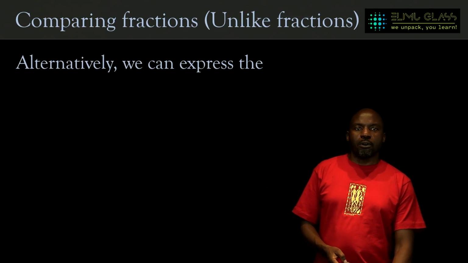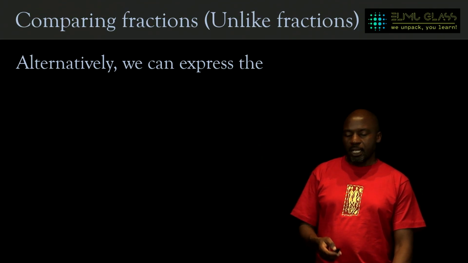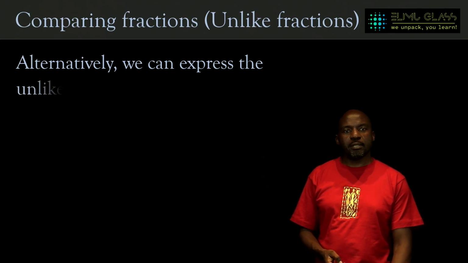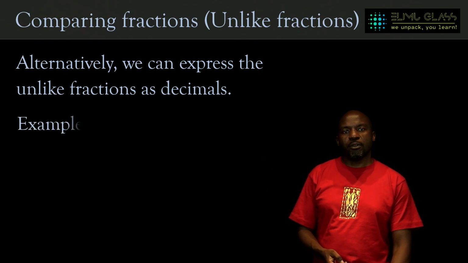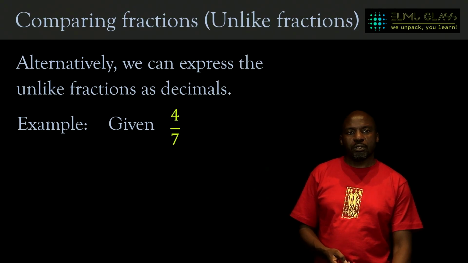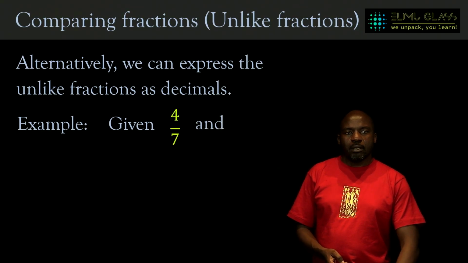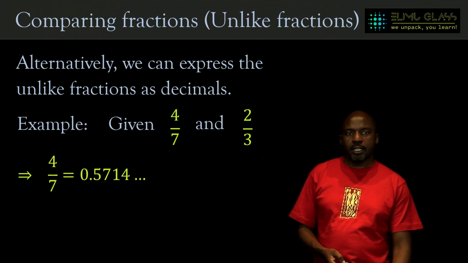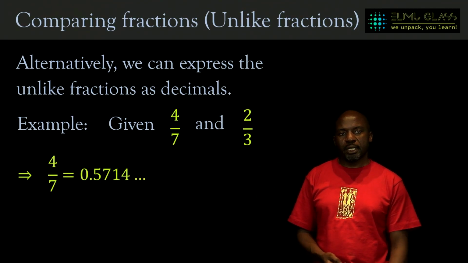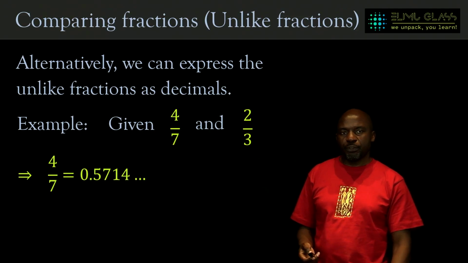Of course, an alternative way is to express the 2 fractions as decimal numbers. If we convert them to decimal, 4 over 7 can be expressed as 0.5714, and it continues. We don't need all the decimal places, just the first few.